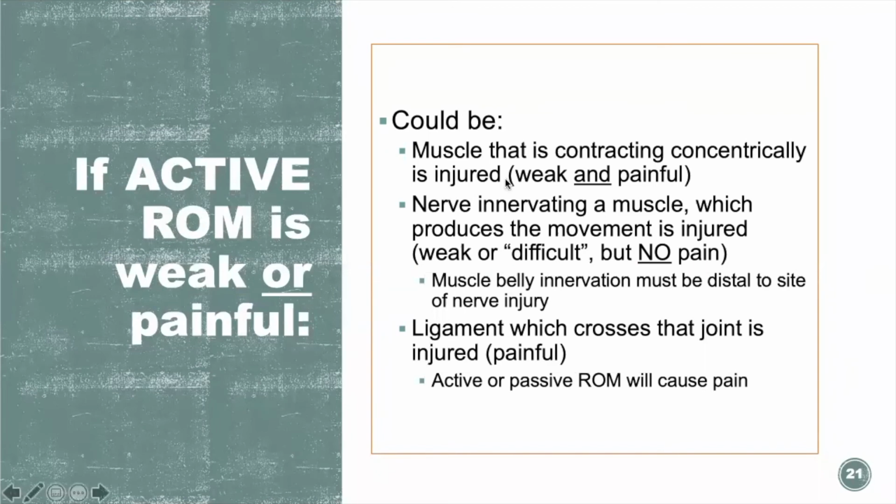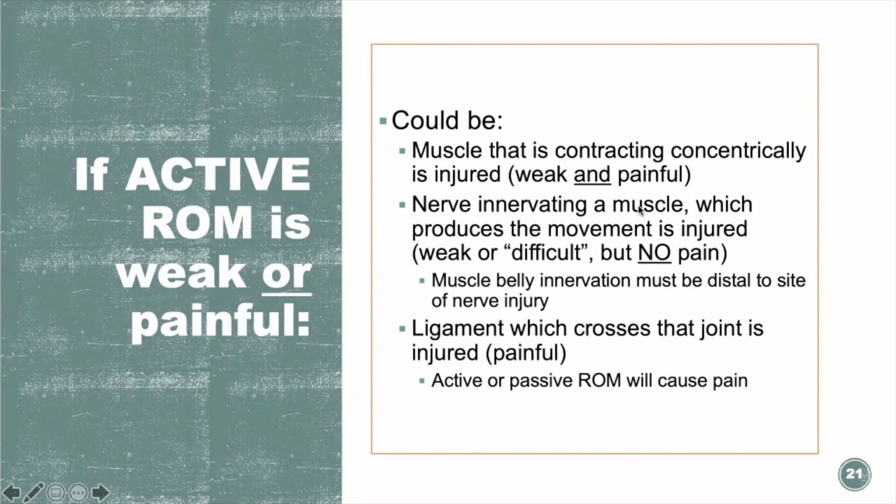It could be that the muscle that is contracting concentrically is injured. And for that to be true, it would need to be both weak and painful, right? So weak and painful indicates it's the muscle that is being concentrically contracted.